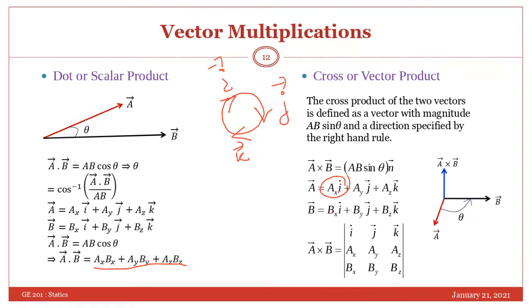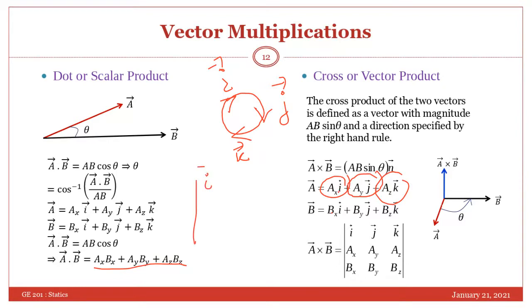But when you multiply AX I with BY J, AX into BY, and I cross J equals K, so AX BY K. Then when you multiply this with BZ, AX BZ, I cross K will be minus J, so AX BZ into minus J. Same thing, you will multiply AY BX, J cross I will be minus K, and so on with the others. So you will get a long expression. That long expression, you can make short by writing in this form.